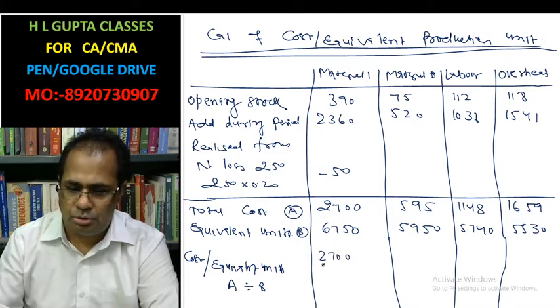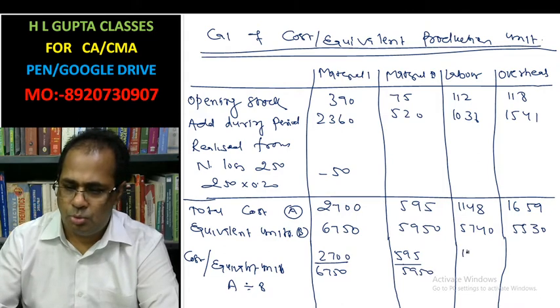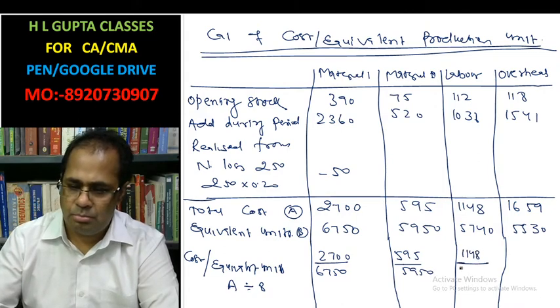2700 over 6750, 595 over 5950, 1148 over 5740, 1659 over 5530.